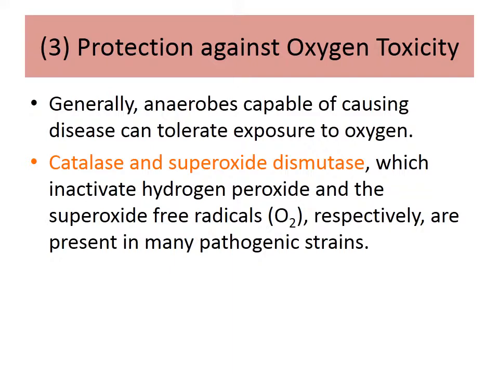The most important are catalase and superoxide dismutase, because they inactivate hydrogen peroxide and other superoxide free radicals. Bacteria get phagocytosed by neutrophils, and neutrophils release those oxygen-killing radicals. In response, the bacteria release this enzyme, chew up that oxidant, and are basically protected from the oxidant radicals.